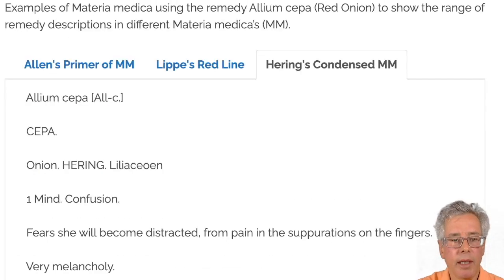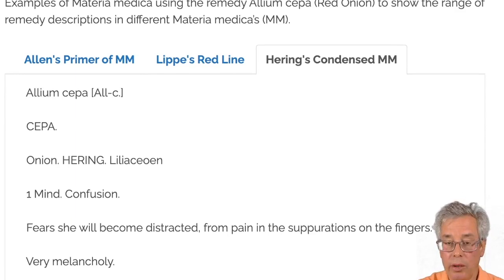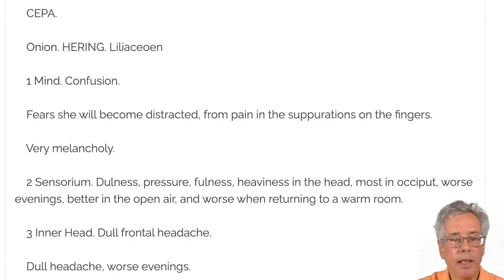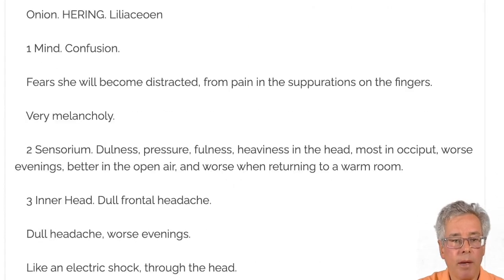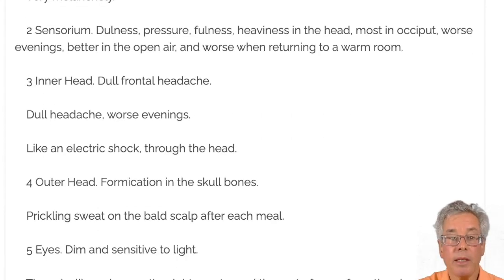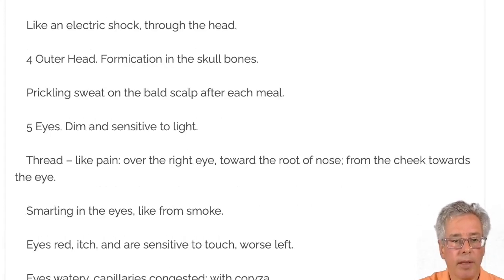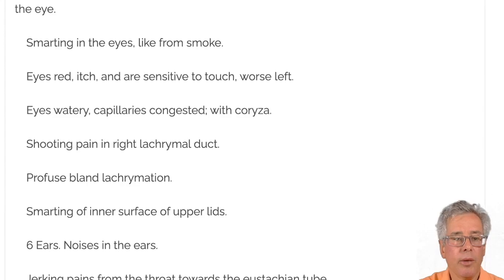So here's Constantine Hering's condensed Materia Medica on Allium cepa. We go from sections: the mind, confusion, fears she will become distracted, very melancholy, sensorium, so dull frontal headache, worse in the evening, like an electric shock, etc. Outer head, eyes, so going all the way through in quite a lot of detail.